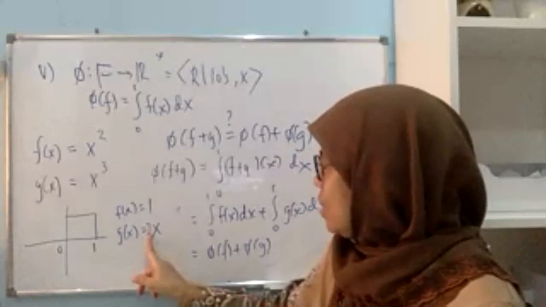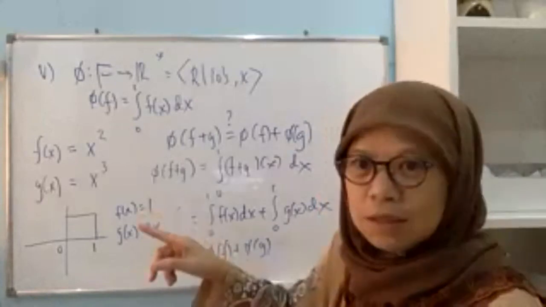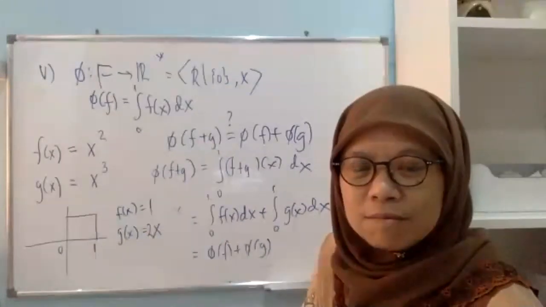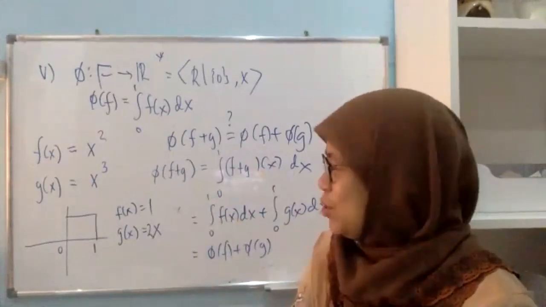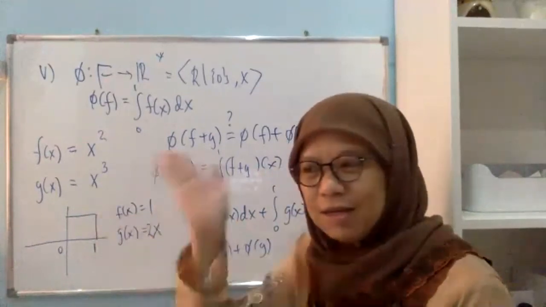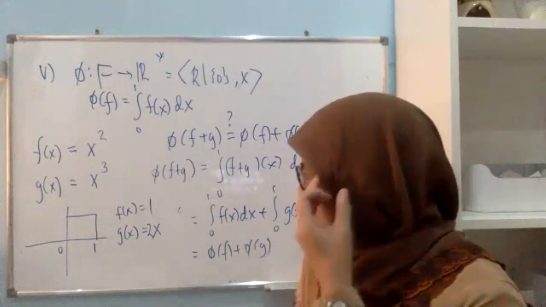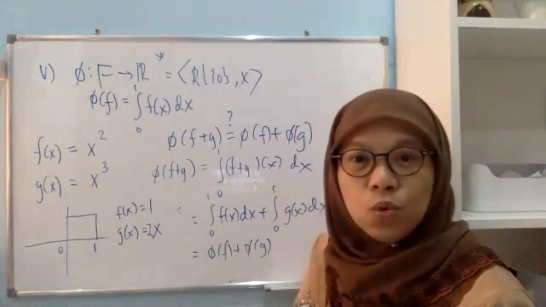For this one, 2x squared over 2 is just x squared from 0 to 1, so it's also 1. There are a lot of others. Find a triangle also. Anyway, this is not one-to-one.